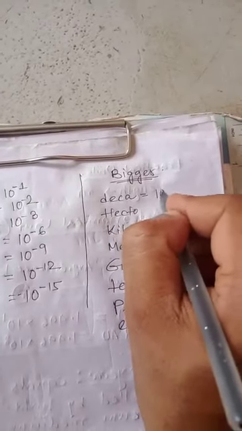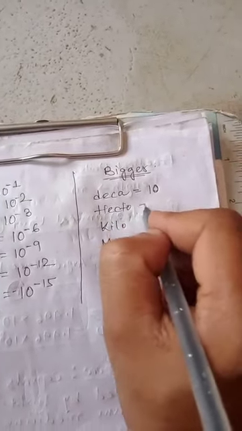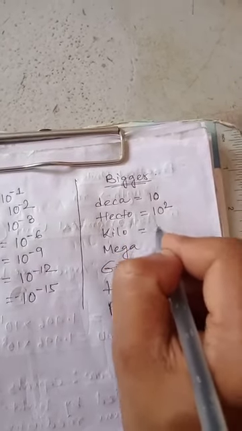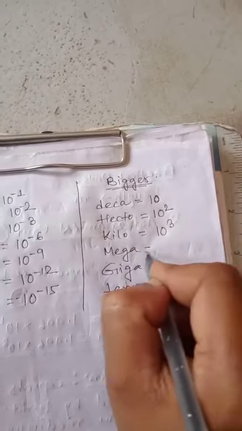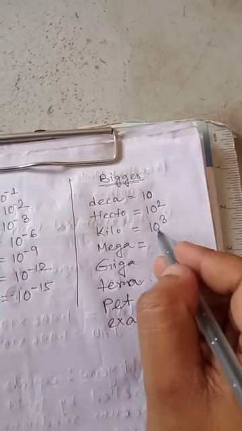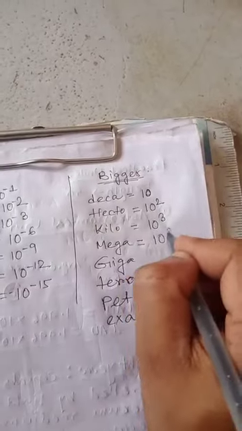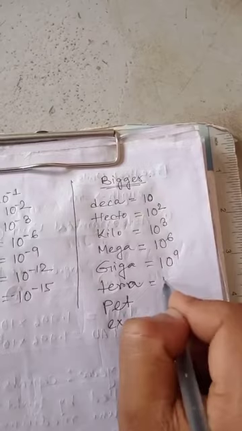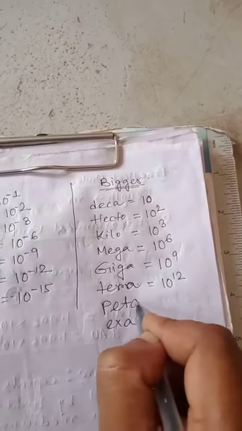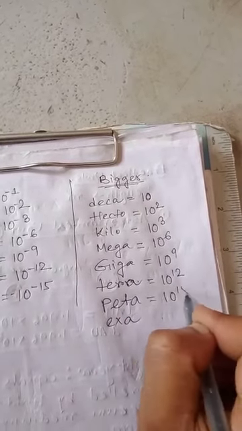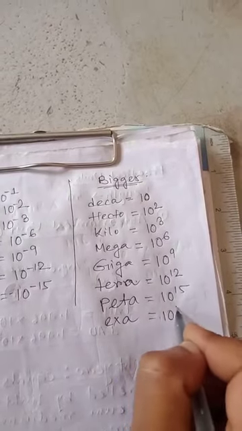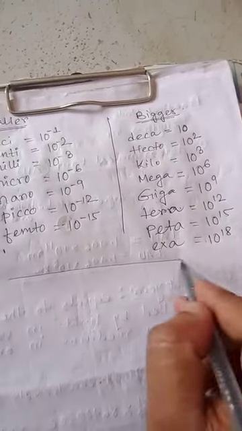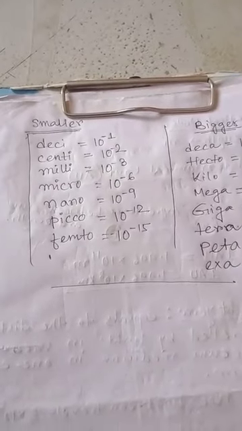Decameter means multiply by 10, hectometer means 10 to the power 2, kilo means 10 to the power 3 meter, megameter means 10 to the power 6 meter, gigameter means 10 to the power 9 meter, terameter means 10 to the power 12 meter, petameter means 10 to the power 15 meter, exameter means 10 to the power 18 meter. These are the smaller and bigger prefixes and suffixes.